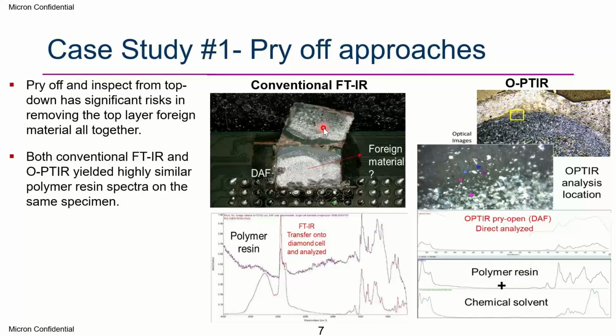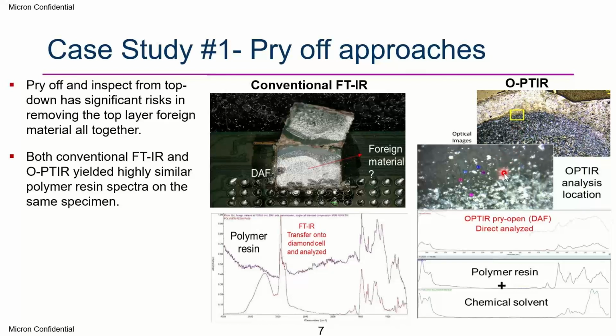So we pry open and analyze the die-attach front area to see what is causing the delamination. With conventional FTIR, we transfer onto a diamond cell and run in transmission mode. We found it is a polymer resin. But for OPTR, it is direct analysis.